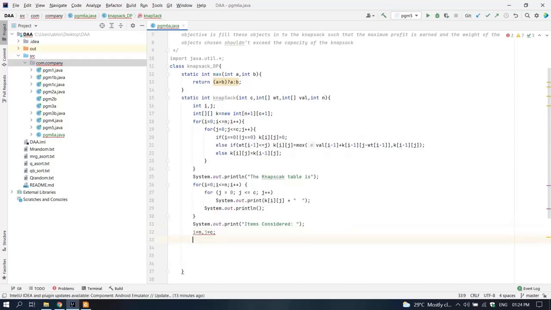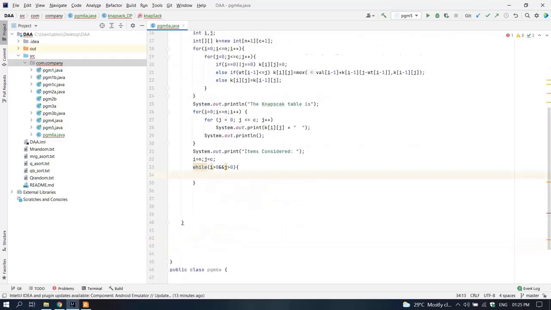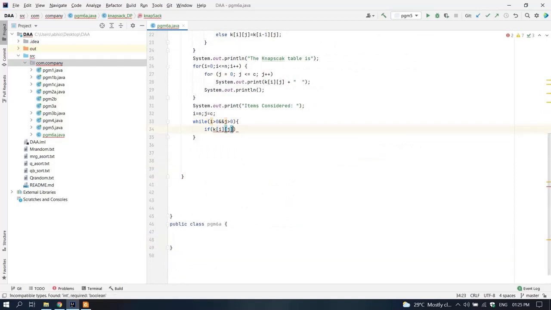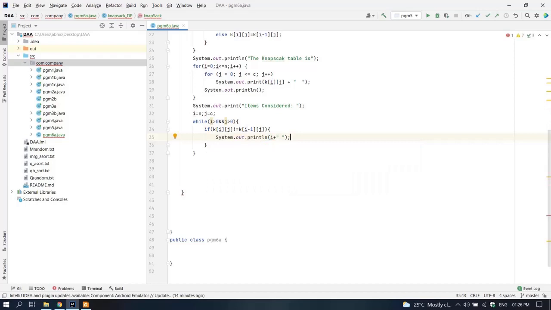Now we are going to print the items which are considered, same as explained before, and at last we are going to return the answer, the maximum profit, which is K of n, c.